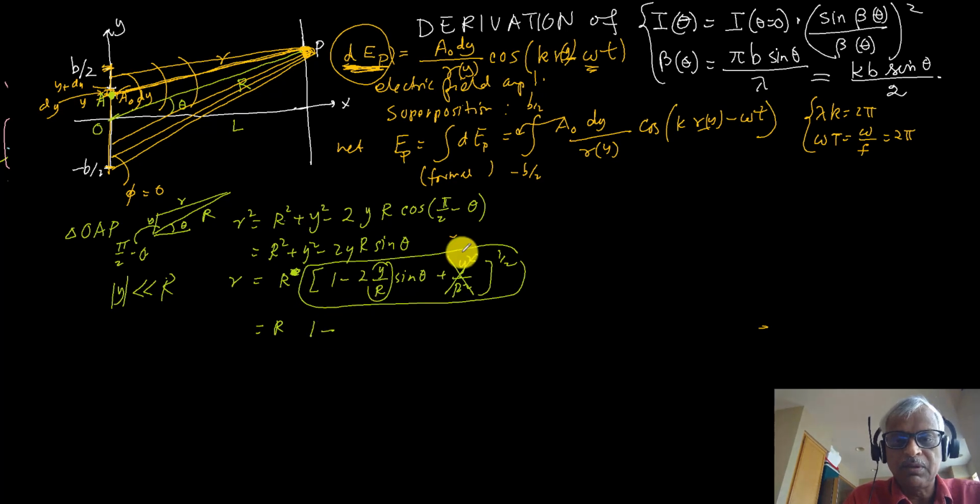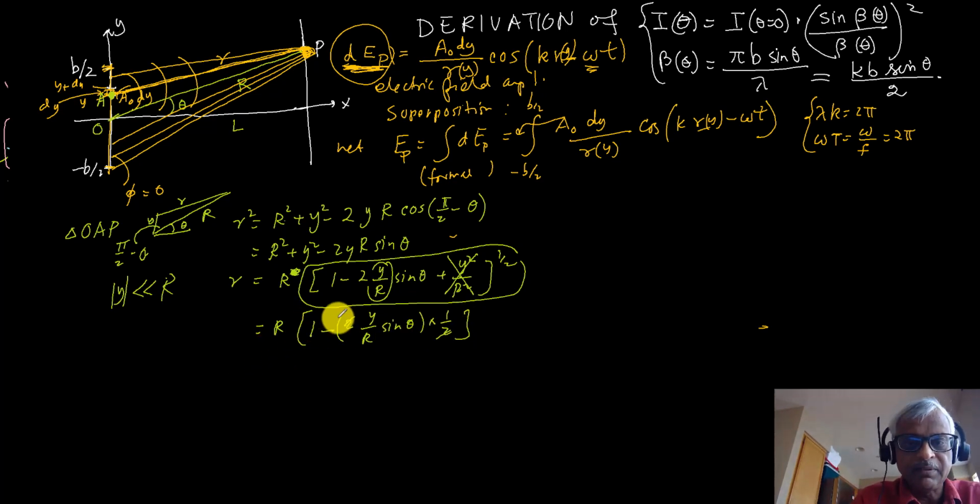1 minus 2y over R sine theta times half. So 2 goes away, and then you have a plus order y squared over R squared, which I've already removed, so I don't want to carry that.